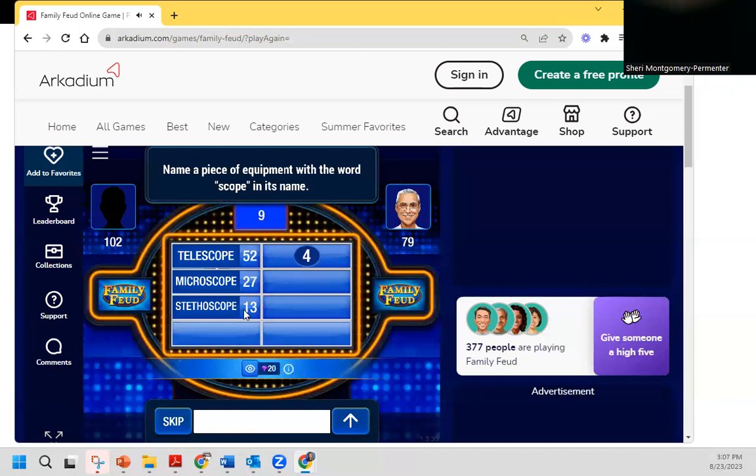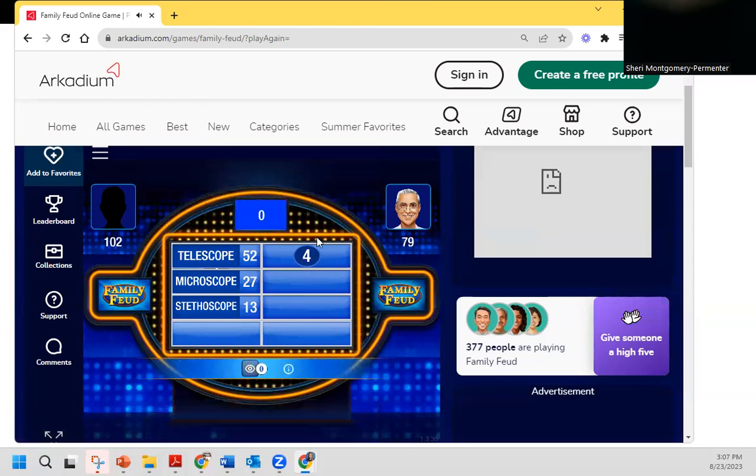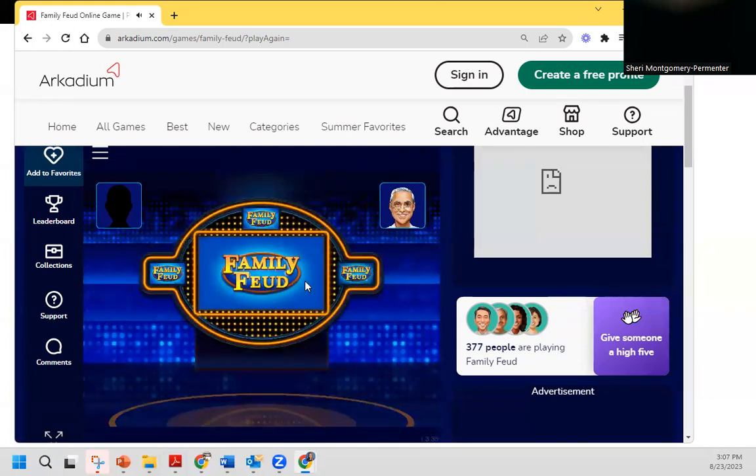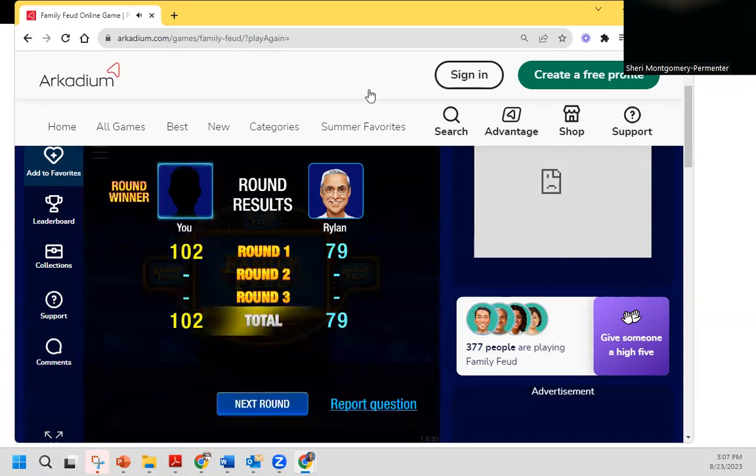A piece of equipment. Microscope. Periscope? What's a periscope? Anybody know?